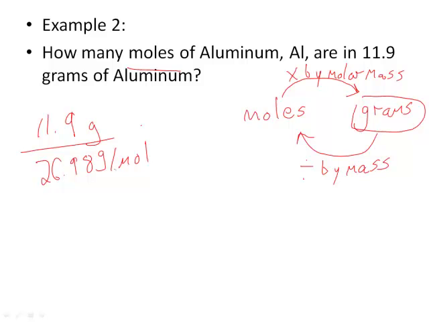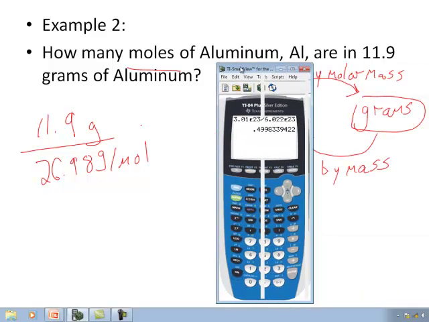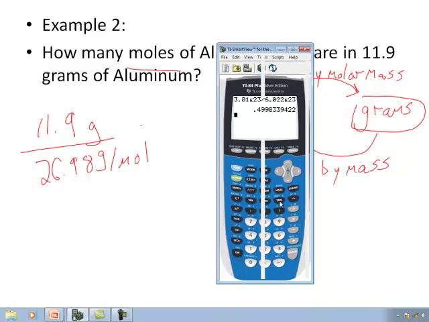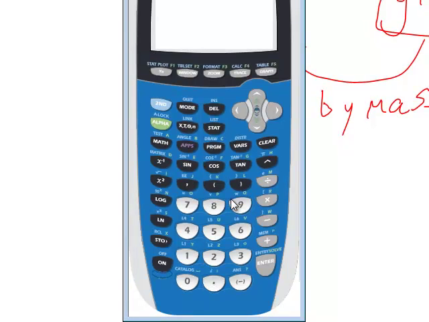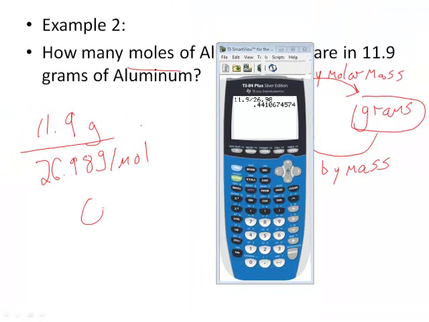So if I do that calculation on the calculator, 11.9 divided by 26.98, I get 0.44, and I'll just keep that. I have to put the unit there, 0.44 moles of aluminum.